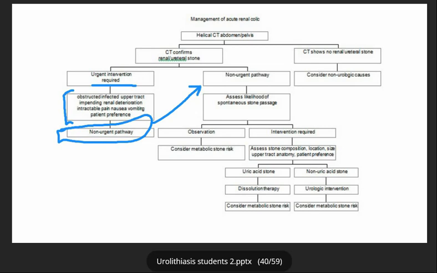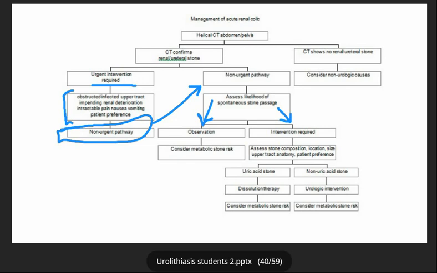In the non-urgent pathway you discuss with the patient, depending on stone location and stone size. If the stone is small and in the distal ureter, you can reassure the patient and tell him we will observe you. If the stone is big or in a higher location, like in the kidney, and causing any issues, you can do intervention.